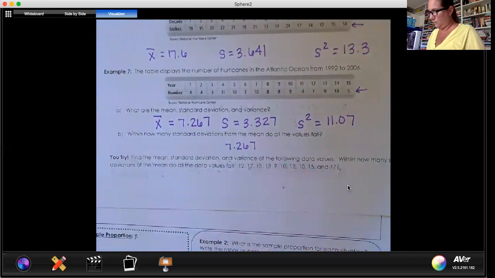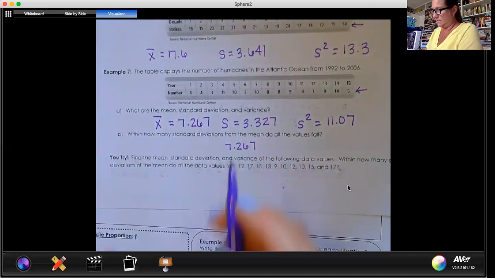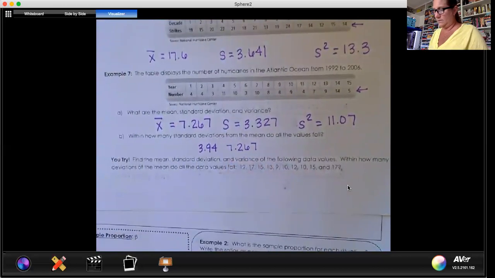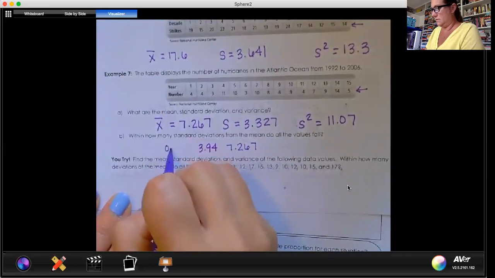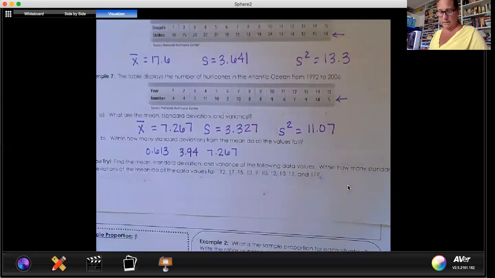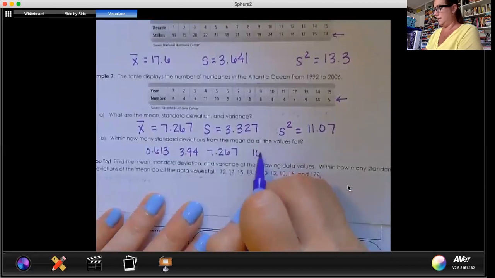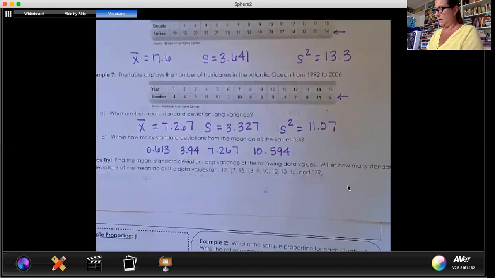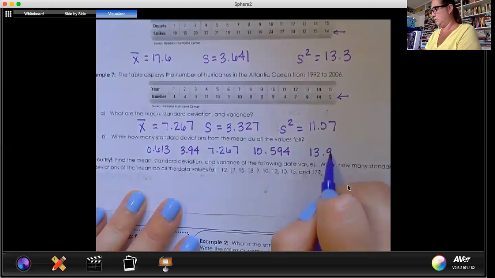So 7.267 minus 3.327, and minus 3.327. And we can't do that again or we get a negative. We can't have negative hurricanes. Go back to 7.267 plus 3.327, and you get 10.594, plus 3.327, and you get 13.921.